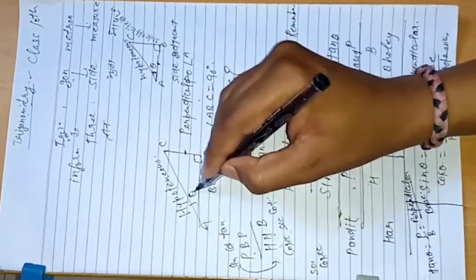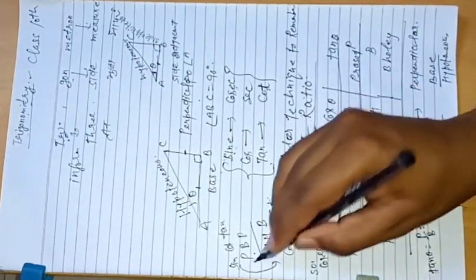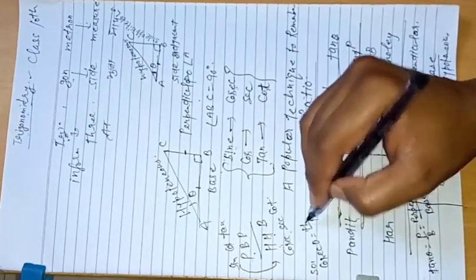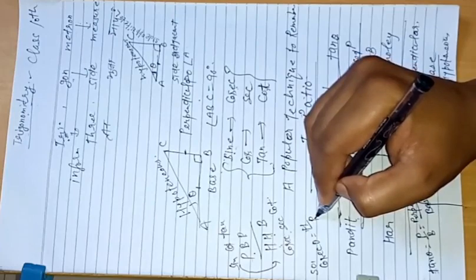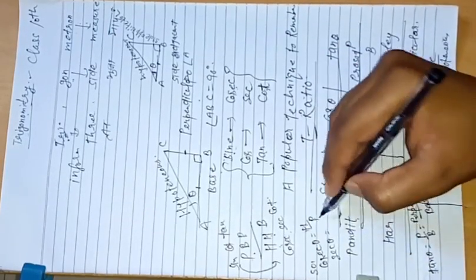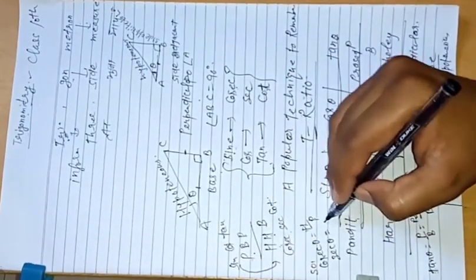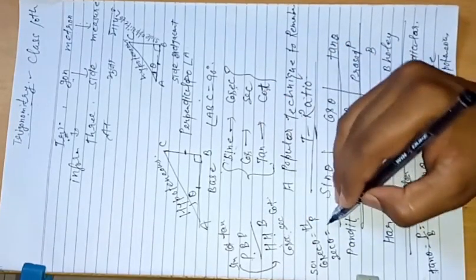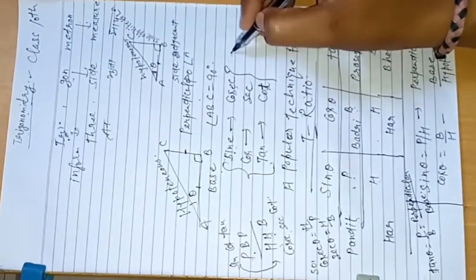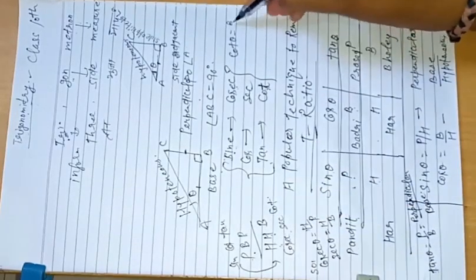Since angle A is equal to theta, cosec theta is equal to H by P, where H is hypotenuse and P is perpendicular. Now sec theta is equal to H by B, H is hypotenuse, and cot theta is equal to B by P.